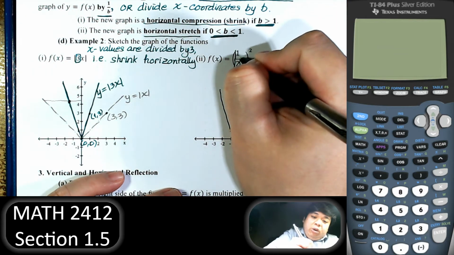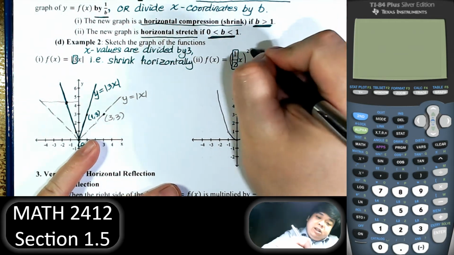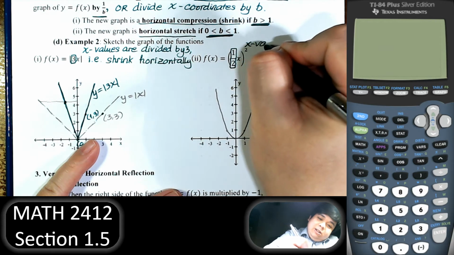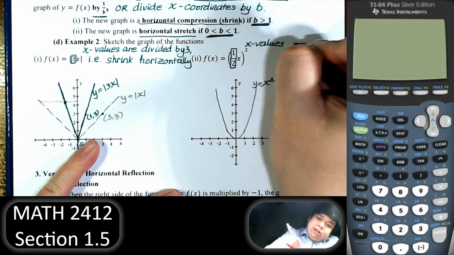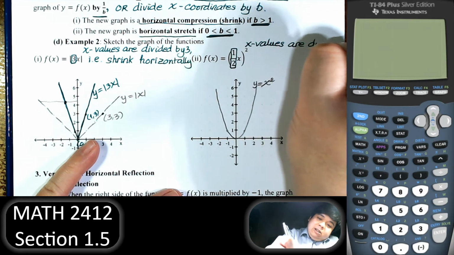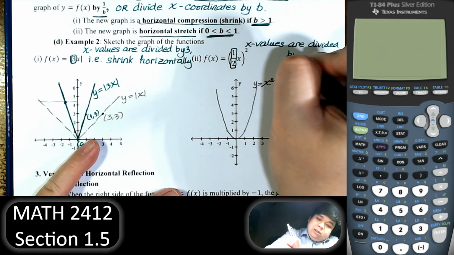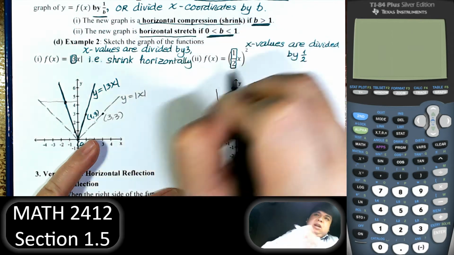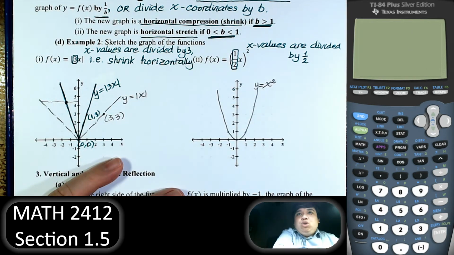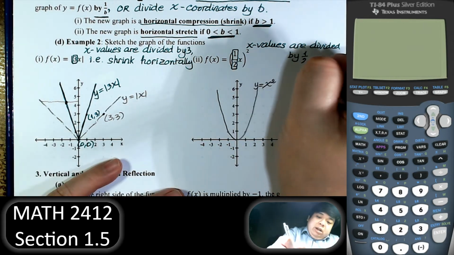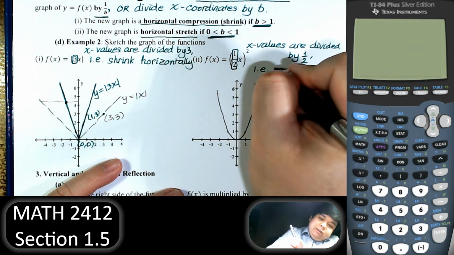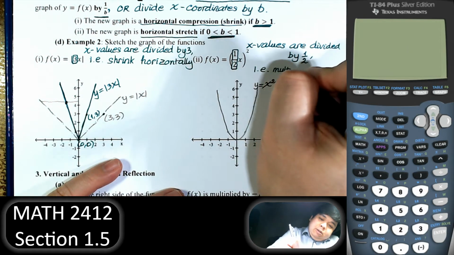We work in the reverse manner. Take the x values divided by that. Now, divide by 1/2 is the same as multiply by the reciprocal, which is 2, right? Meaning that it is multiplied by 2.